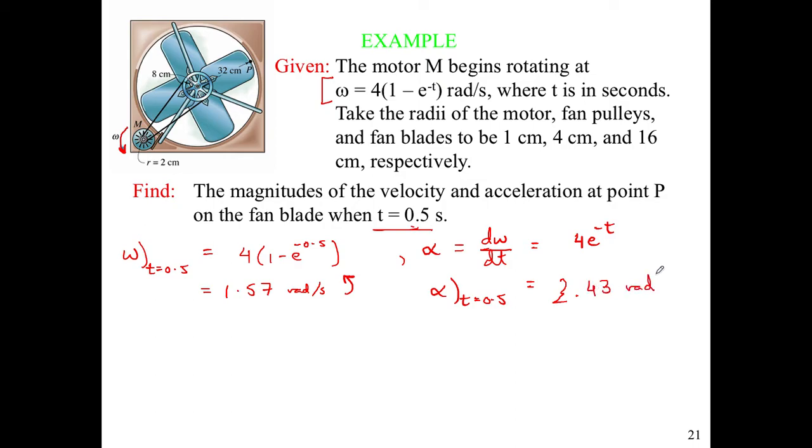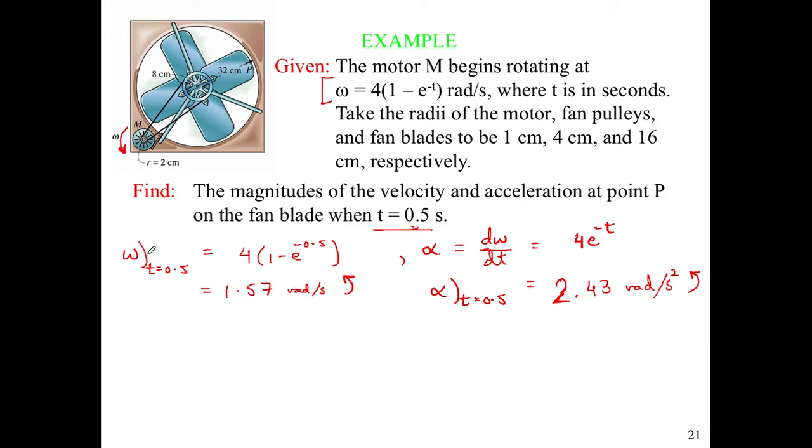Perfect. Radian units क्या होंगी? Radian per second square. Perfect, thank you. Radian per second squared. Again, also anti-clockwise. ठीक है जी. So because it's positive, that's why it's still anti-clockwise.